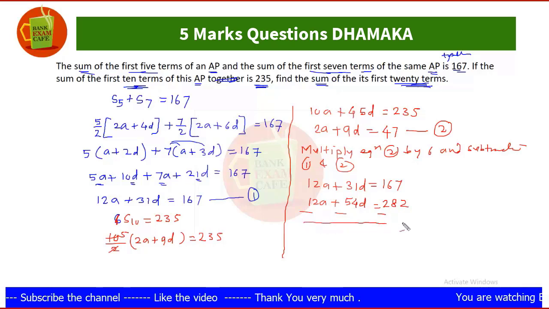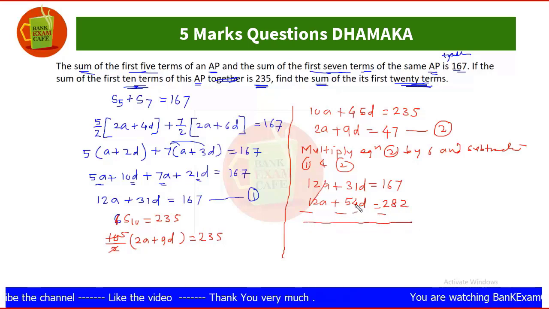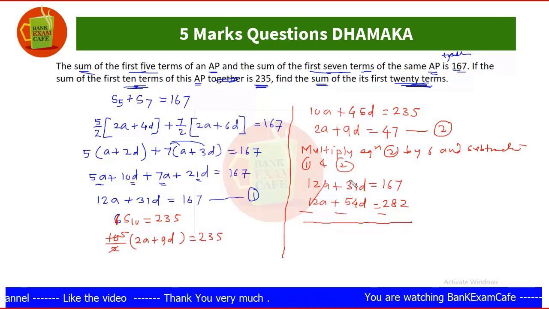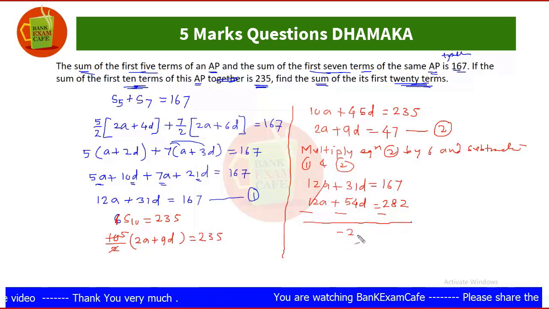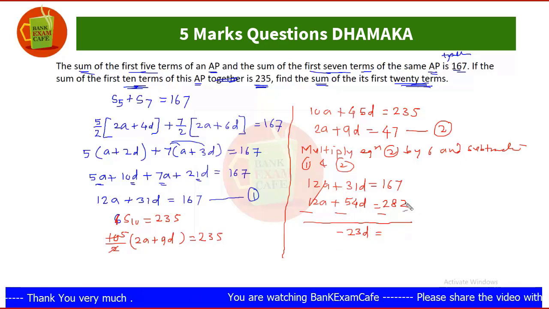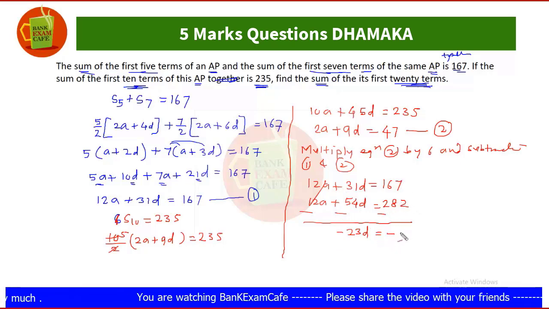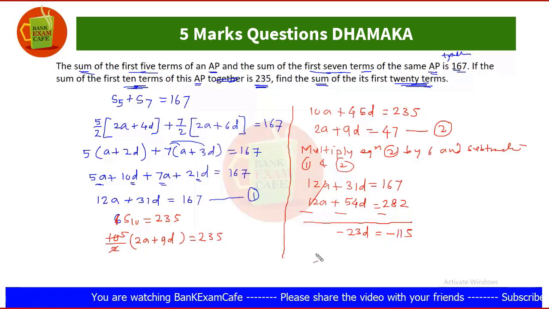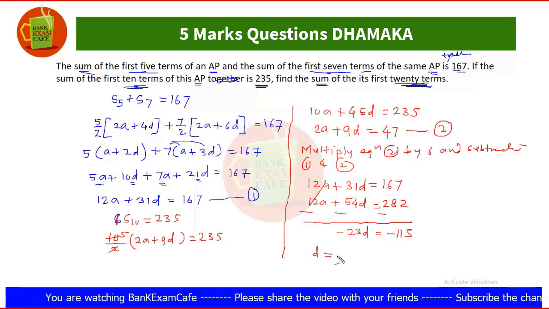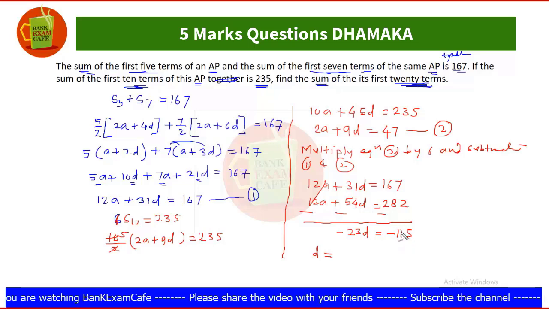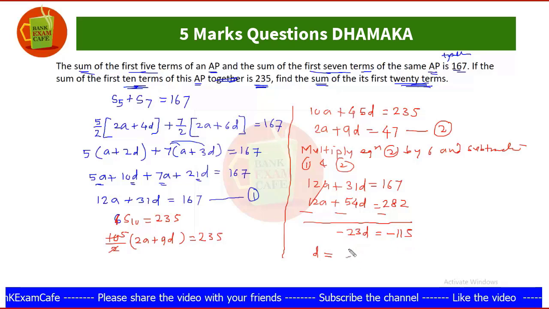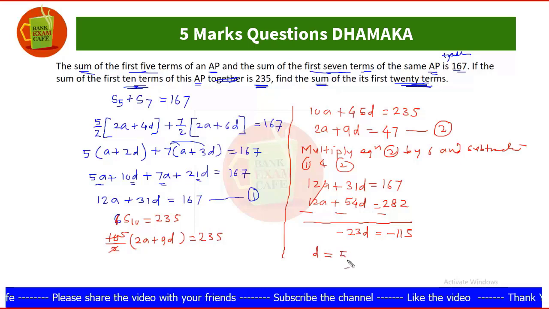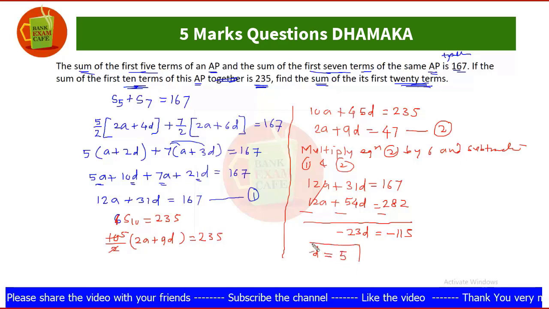Here 12a will get cancelled, and 31 minus 54 will be minus 23d, which is equal to 167 minus 282, that is minus 115, and therefore d will be equal to minus 115 divided by minus 23, that will be equal to 5. So we got the common difference as 5.